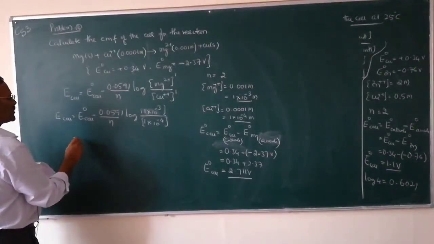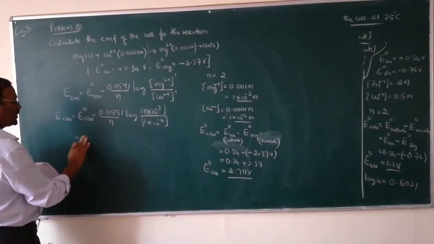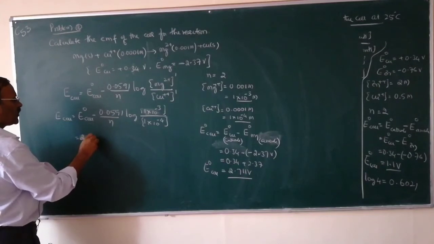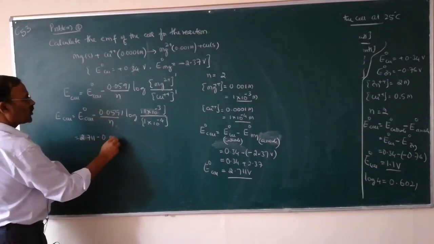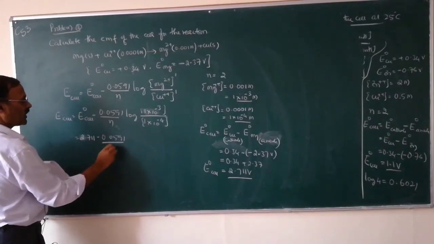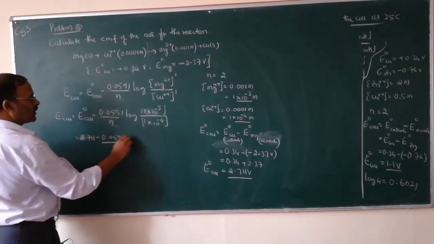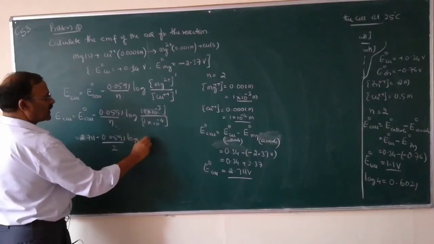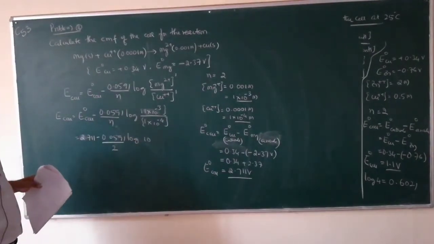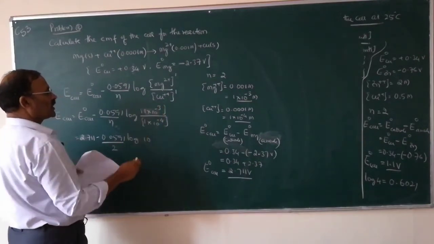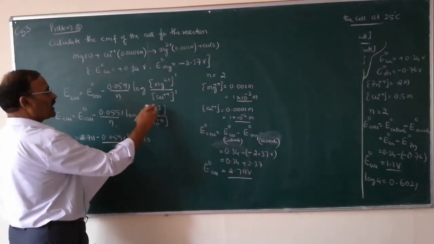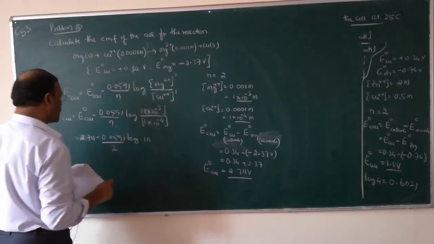So this equals 2.711 minus 0.0591 divided by 2, log of 10. If 10 to the power of minus 4 goes to the numerator, it becomes 10 to the power of 4 minus 3, 10, log 10.